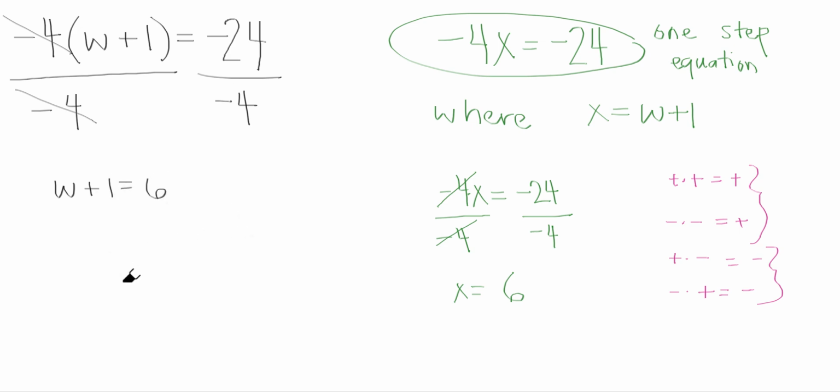And now you don't have to worry about the distributive property at all. I didn't use the distributive property anywhere here. And once I got rid of that -4 in front of the parentheses, now I just have a one-step equation, right? This is a one-step equation.